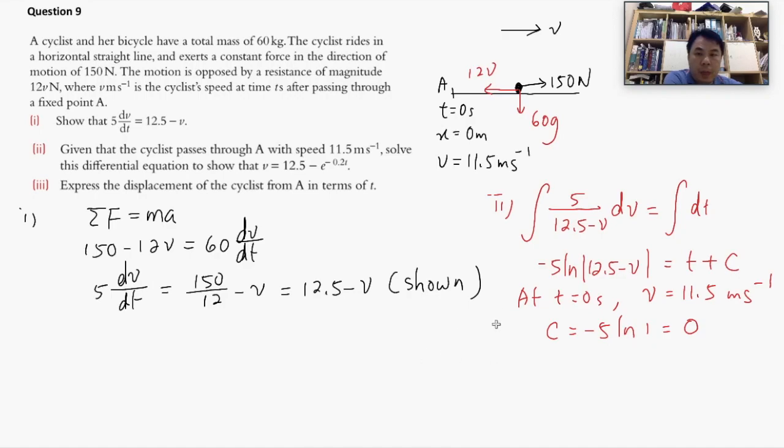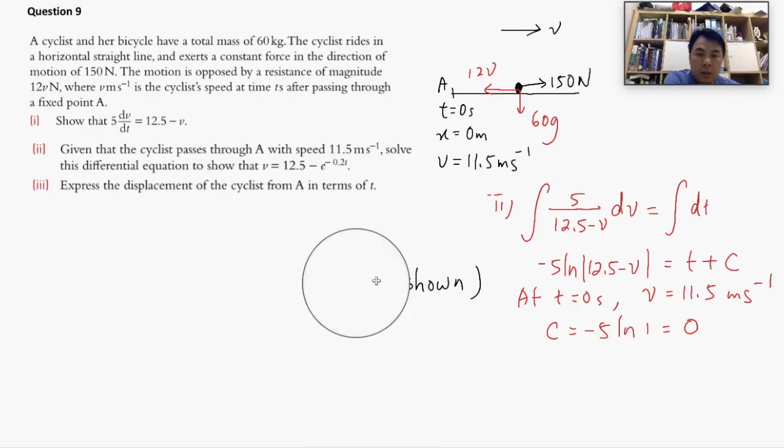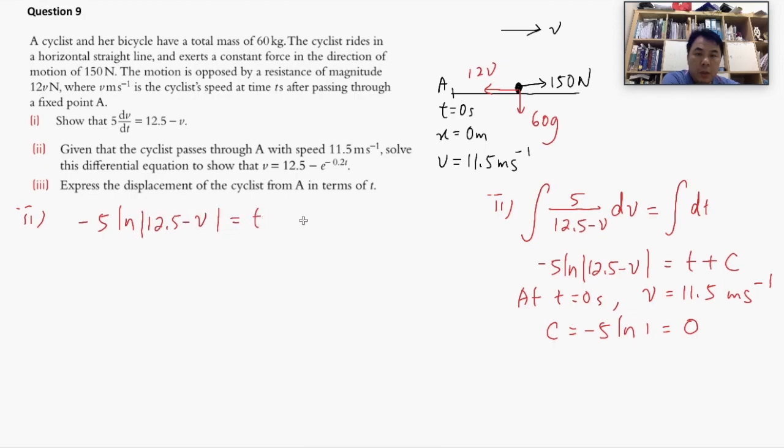Therefore, we can rewrite this. I'm going to write this one down here, it's easier to see. Now we can rewrite this as negative 5 ln(12.5 minus V) is equal to t plus 0.